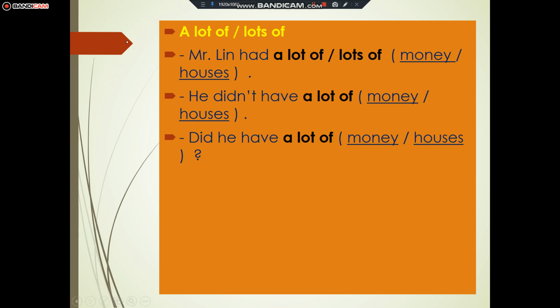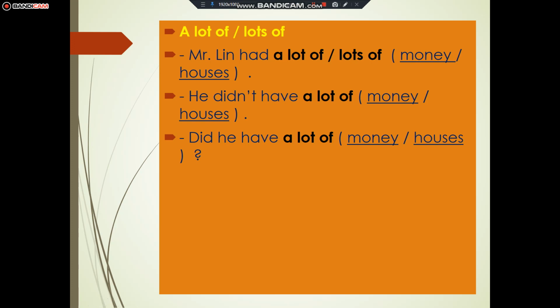For example, Mr. Len had a lot of money or houses. Houses is a plural countable noun. Money is an uncountable noun. This is affirmative. With negative we can use a lot of too: He didn't have a lot of money or houses. As well, we can use a lot of with a question.